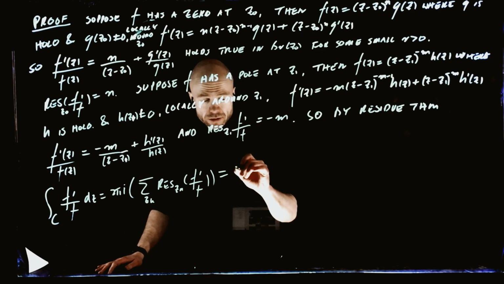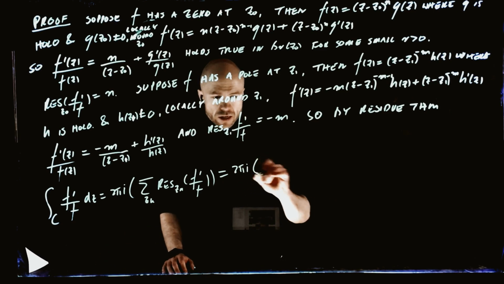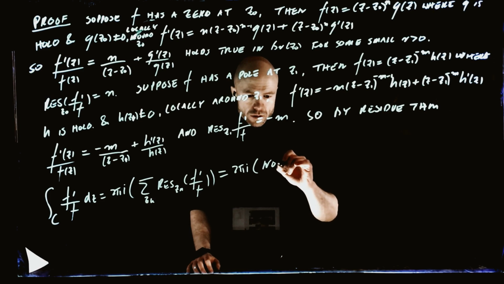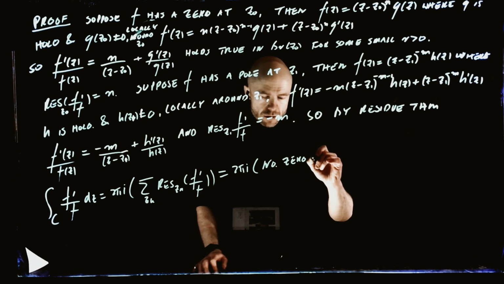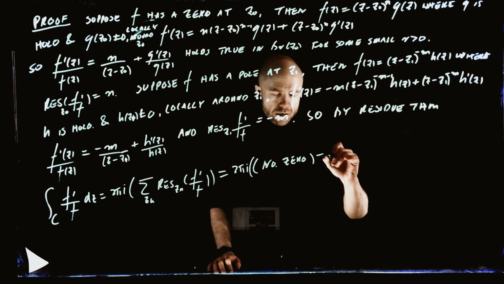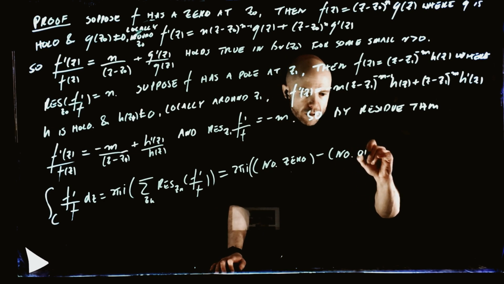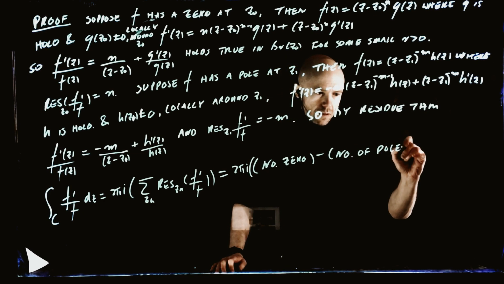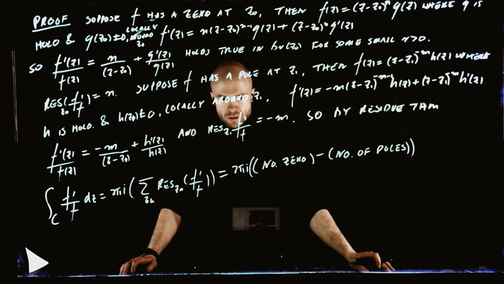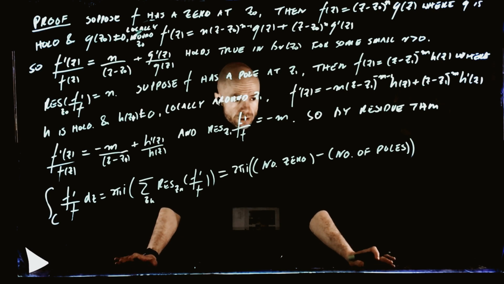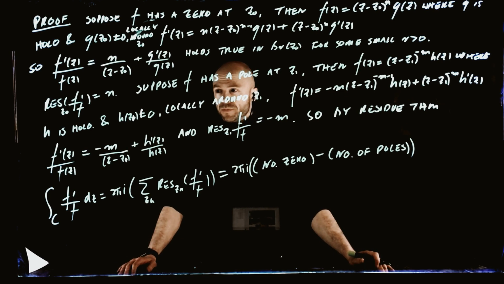And then this is just nothing but 2 pi i times the number of zeros minus the number of poles. And that's it. Yeah? Remarkably easy to prove. It's just an application of the residue theorem. Yeah? Cool. All right, so this strong theorem is very simple to prove.